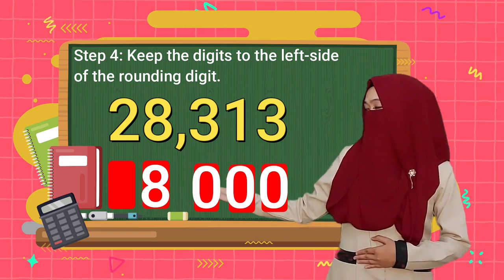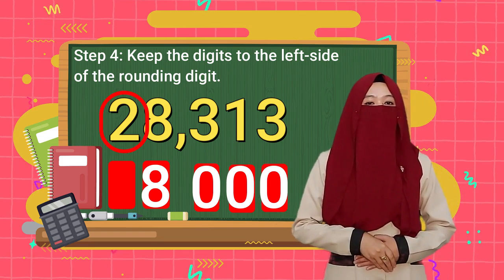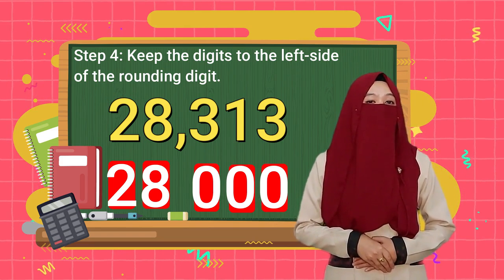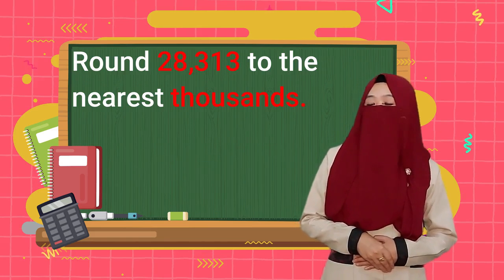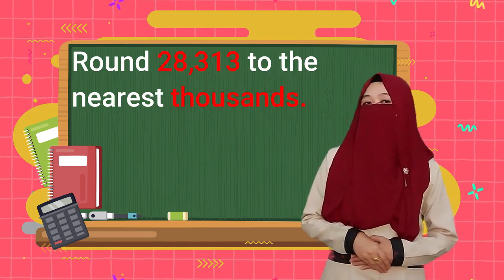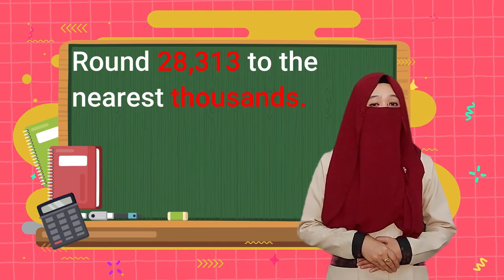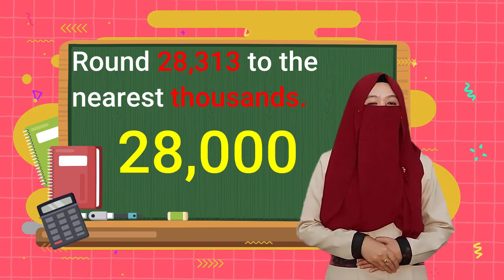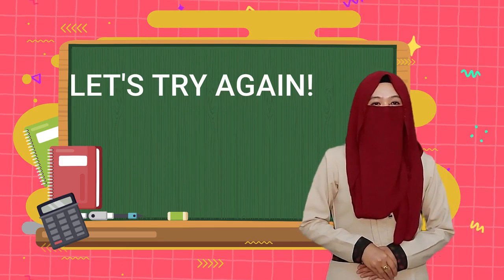In this case, we have the digit 2. Therefore, we have to keep it to the left side of the rounding digit. So, if we round off 28,313 to the nearest thousands, we will have 28,000.